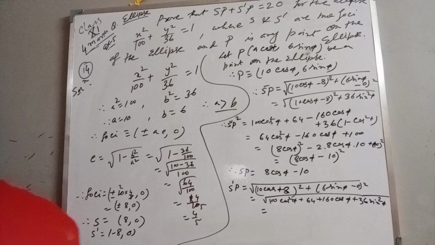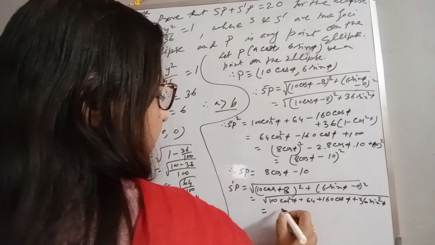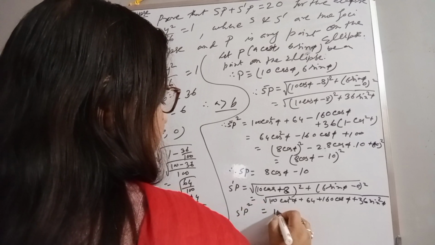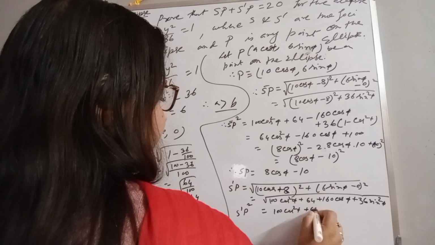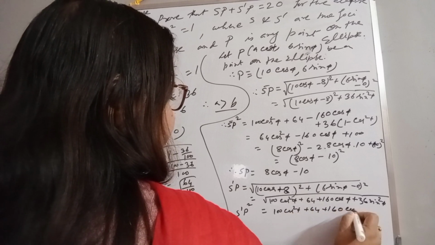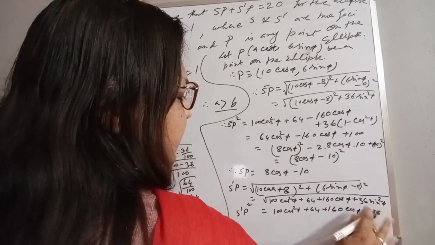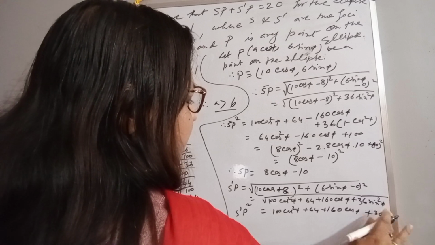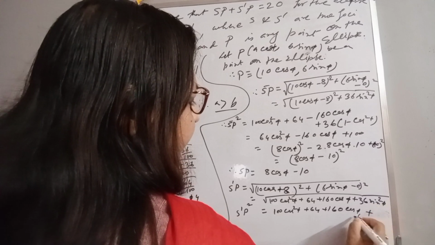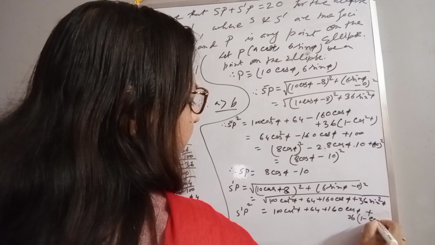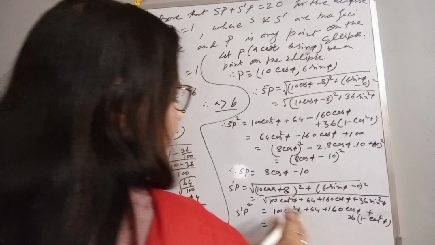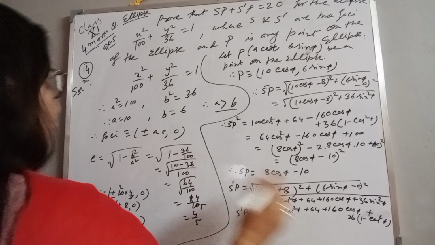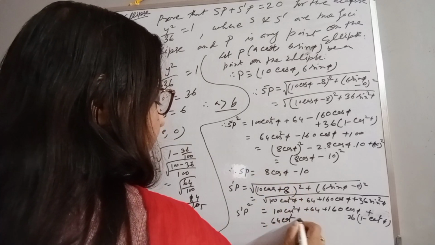Okay. So S dash P whole square means 100 cos square phi plus 64 plus 160 cos phi plus 36 sin square phi, which means 36 times 1 minus cos square phi. So 100 cos square phi minus 36 cos square phi, that will give you 64 cos square phi.